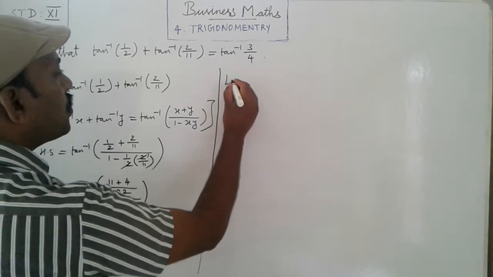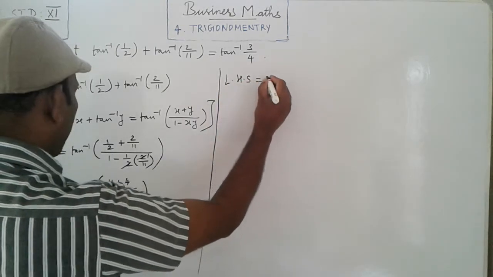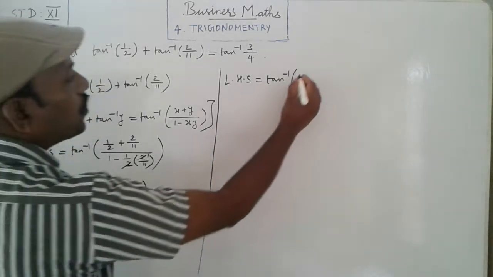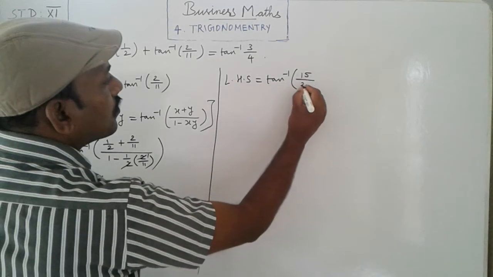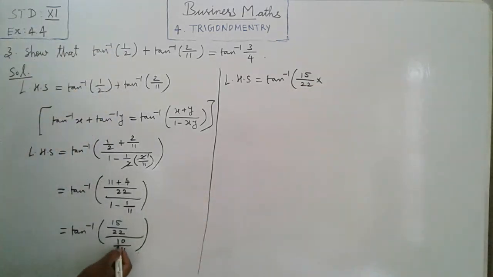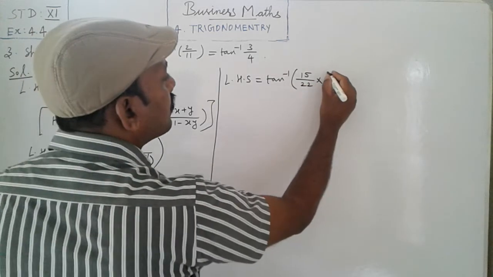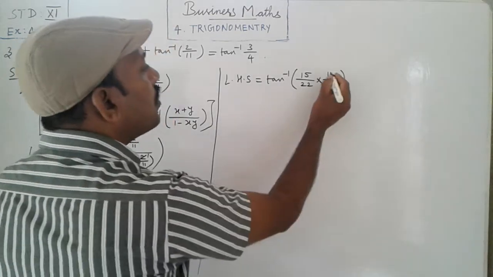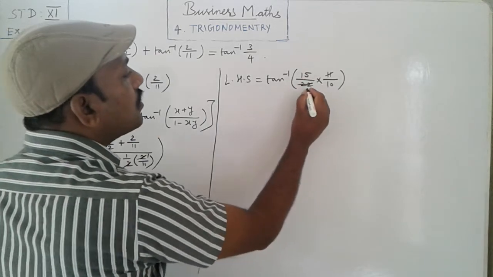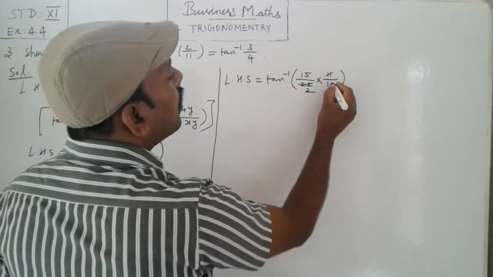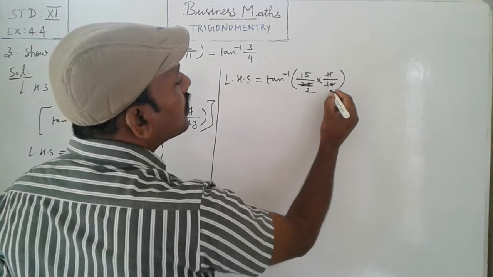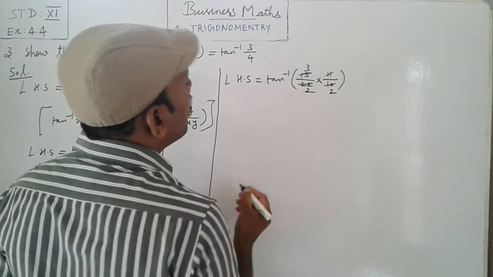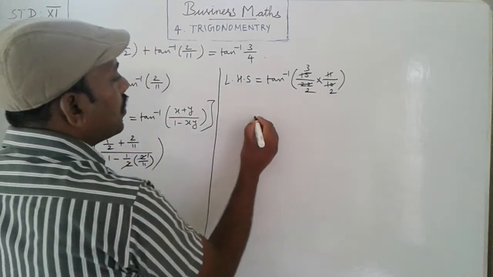Next, LHS equals tan inverse 15 divided by 22 into, it's a reciprocal then, 11 divided by 10. 11 and 22 cancel 2 times. 5 2s are 10, 5 3s are 15.